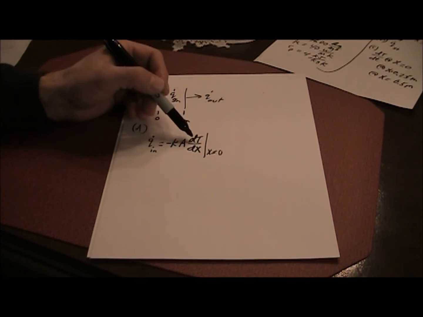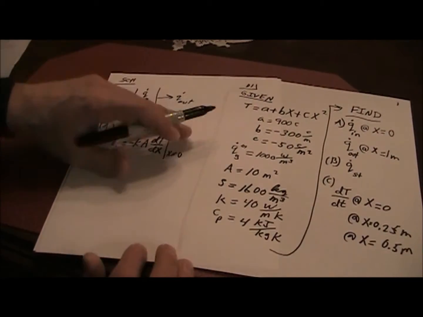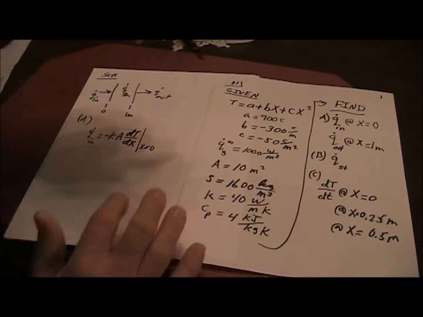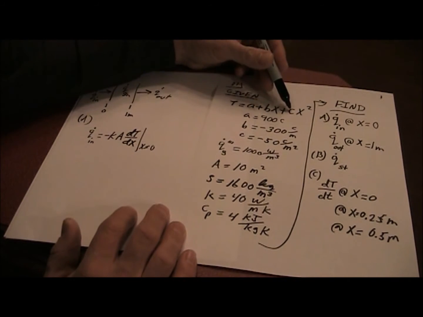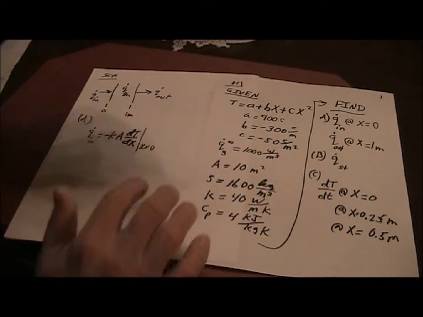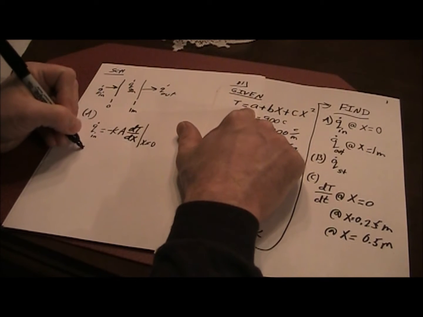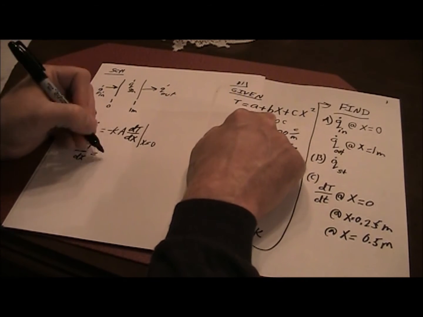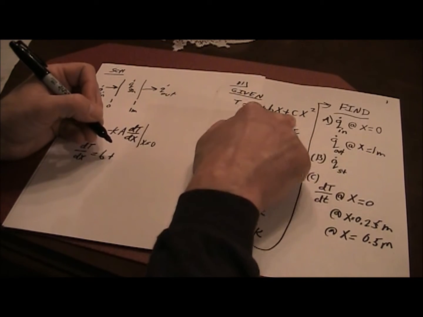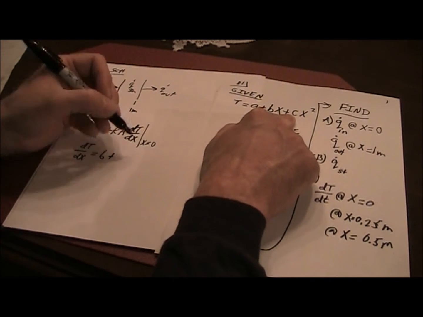So what we're going to do is take dT/dx of the temperature profile that was given. If you took this equation here and took the derivative with respect to x, you would get dT/dx is equal to B plus 2Cx.